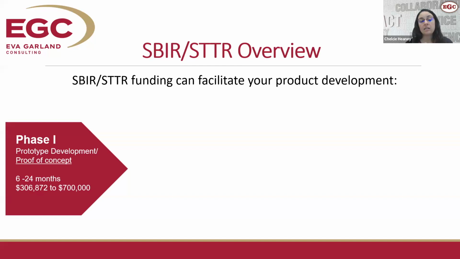And these typically come with a lower budget. So here you see between $300,000 to $700,000 for a project that ranges between 6 and 24 months. And again, all of these figures, these budget considerations, are really agency and mechanism specific.